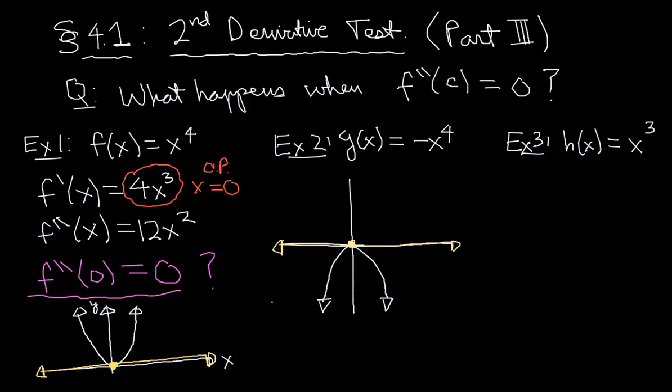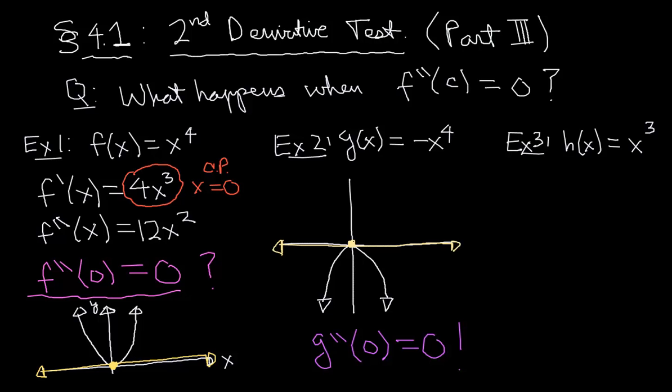The second derivative is still 0 there, but this time the graph of the function is concave down. And so g double prime of 0 is still 0. It didn't tell us that the function was going to be concave down.